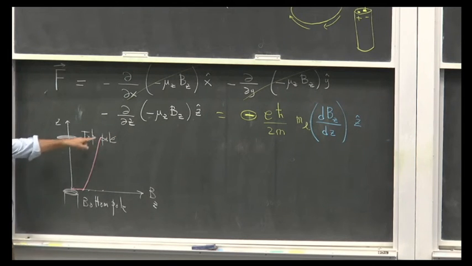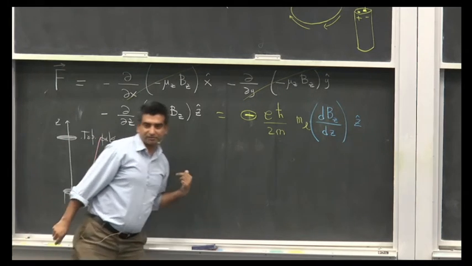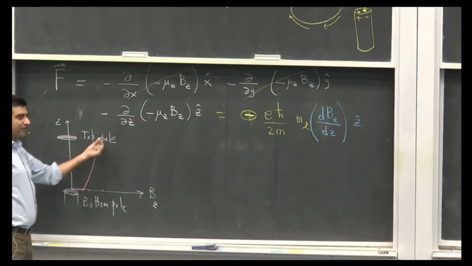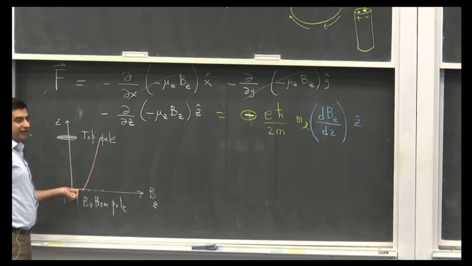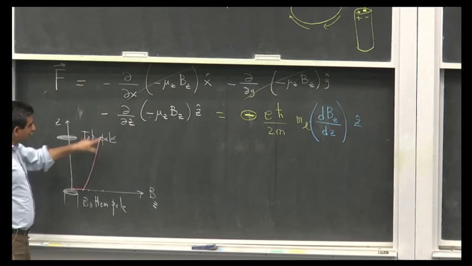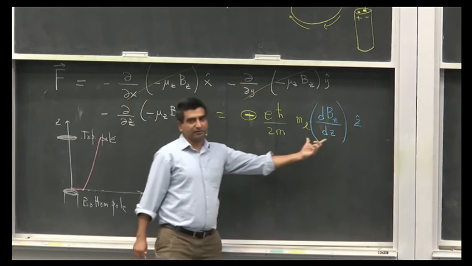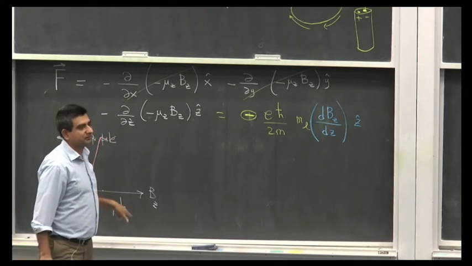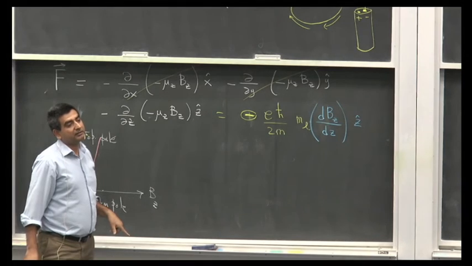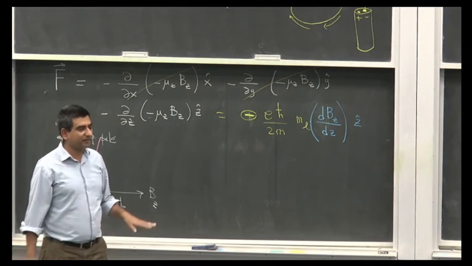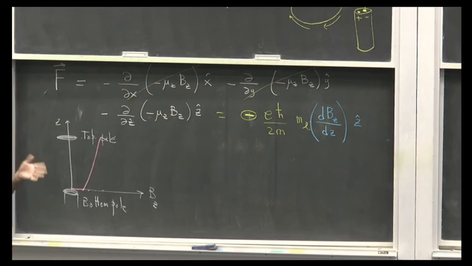So the slope of this line is this thing. This is constant. The field is weaker here, but it gradually grows in a uniform fashion. A non-uniform field whose strength is constantly increasing in a positive slope. So the slope of this line is this quantity here, right? And it's a constant because you have to design your magnet in such a way that it remains constant. That can be done. This is an engineering problem.